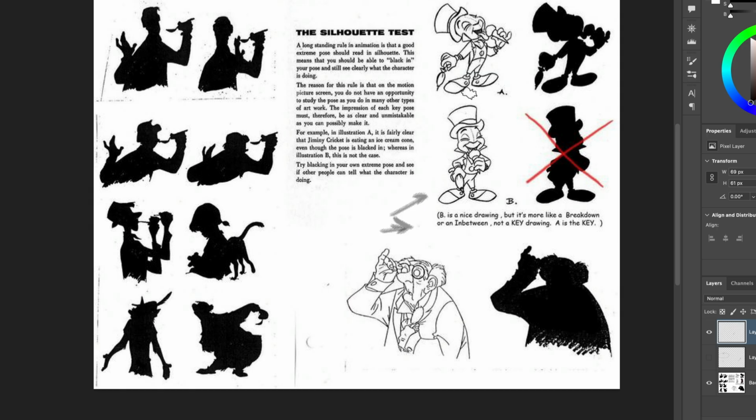For example, if the character was moving and transitioning into this pose, that will be okay. That's fine as an in between or breakdown drawing, but not as the drawing that is going to sell your story.